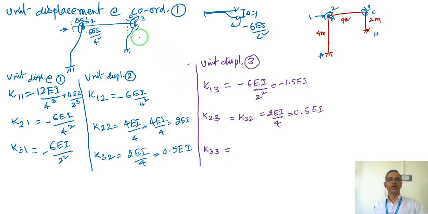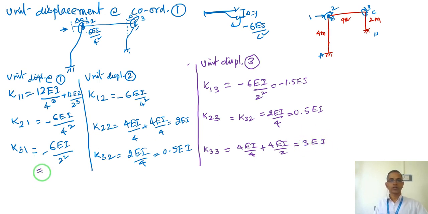Then K33: by applying a unit rotation at 3, how much is the moment produced at that same point? So this joint has two members, beam CB and this column CD. So the stiffness of both members is to be added up, which is 4EI by 4 plus 4EI by 2, so 3EI.